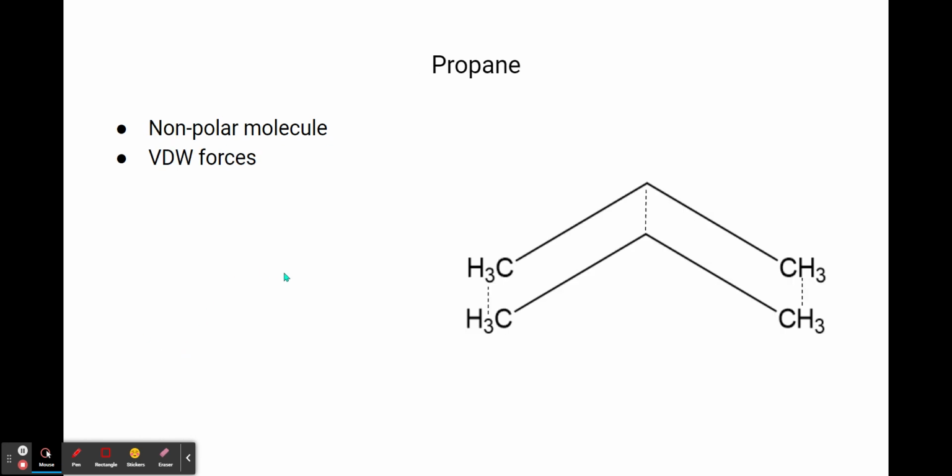Taking a look at propane, propane is the only nonpolar molecule of the 5 compounds of interest. This is because the electronegativity of the carbon-hydrogen bonds is negligible, so we describe the overall molecule to be nonpolar, and the only intermolecular force that can occur between propane molecules is van der Waals forces.